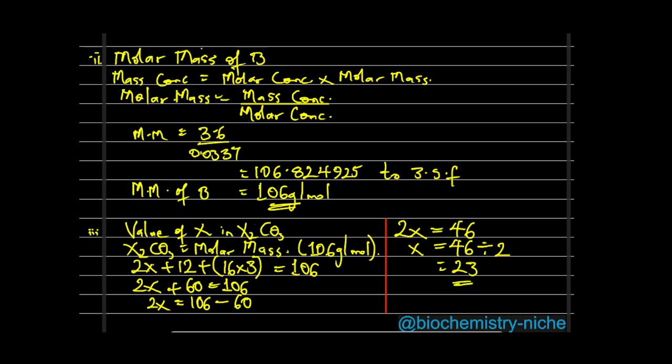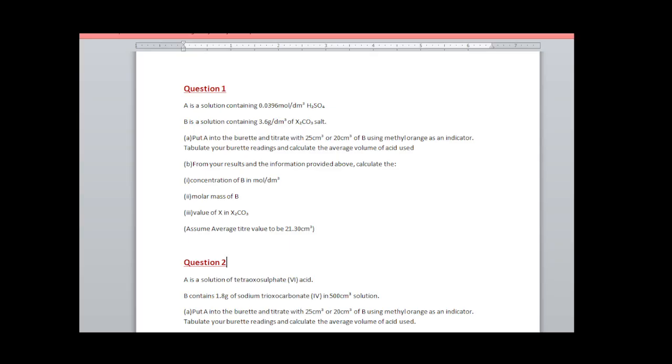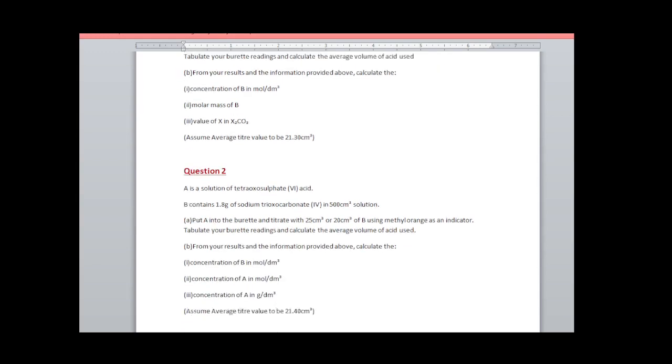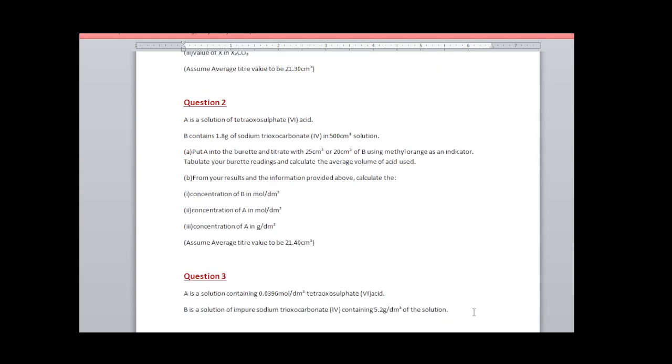So let us see what the next question is talking about. Question 2 says A is a solution of tetraoxosulfate 6 acid. B contains 1.8 grams of sodium trioxocarbonate in 500 centimeter cube solution.